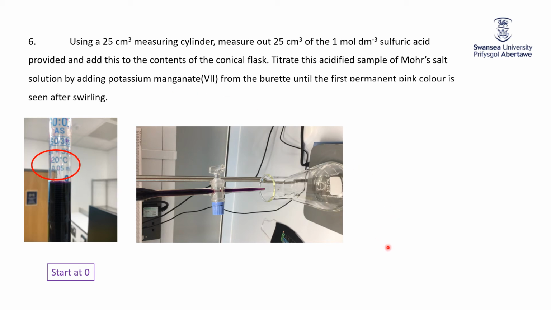I'm going to apologize for my technological ignorance here. This is a picture I took on my iPhone. It looked really good like this, except it's on the side. There is my 250 cubic centimeter conical flask. It contains the 25 mils of the Mohr's solution, nice and precisely measured, another 25 mils of the acid.